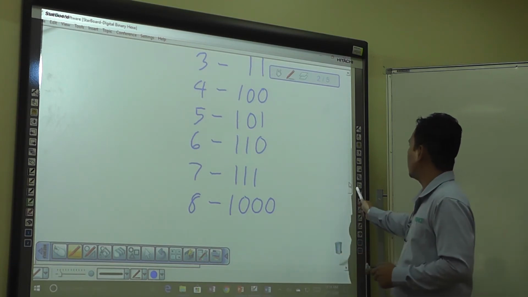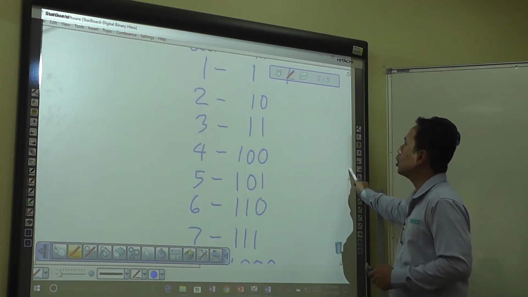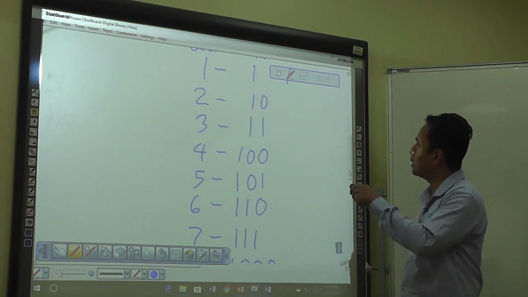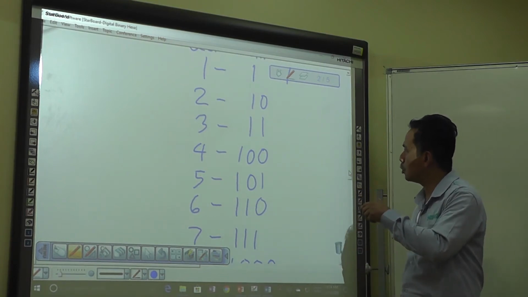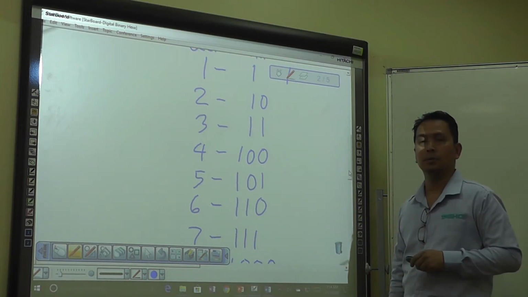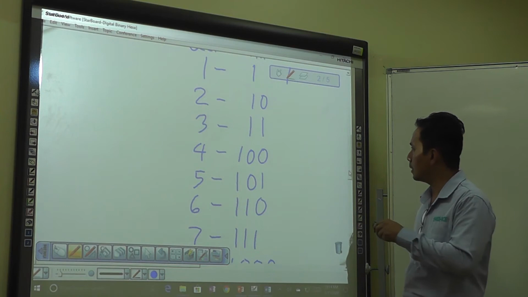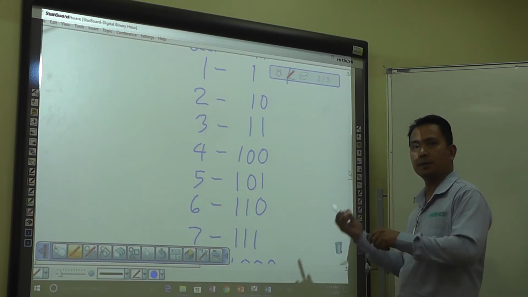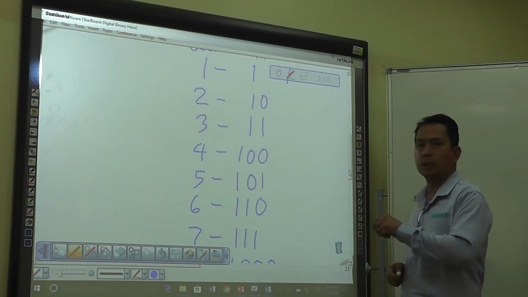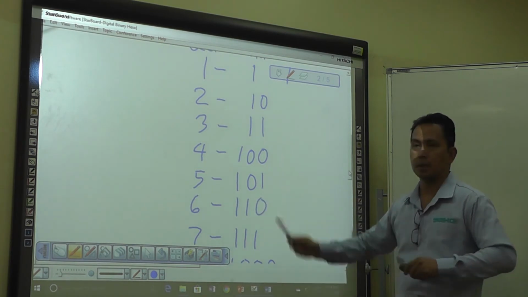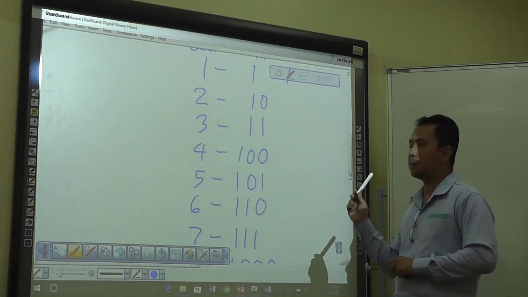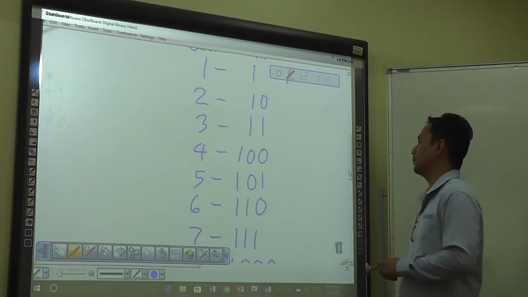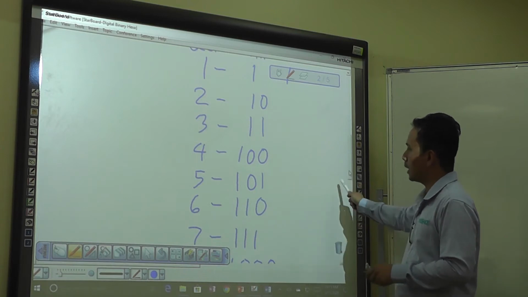In this conversion, each position has its value. The 0 has no value by itself, but once it is placed on the right side of a 1, it gives significant value to the number 1. If it is placed on the left side, there's no significant value. So this is how we get the numbers.